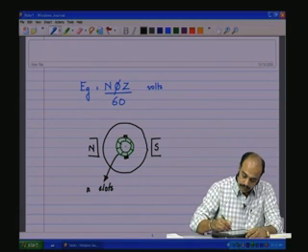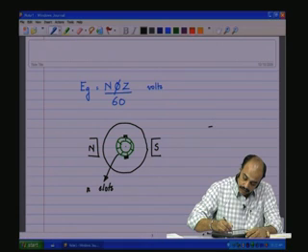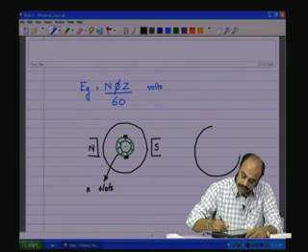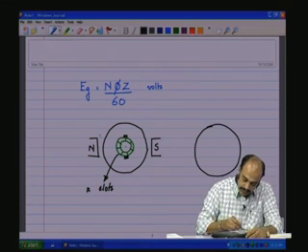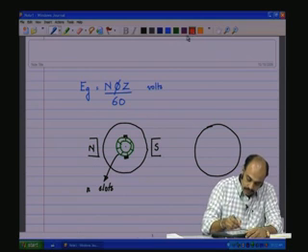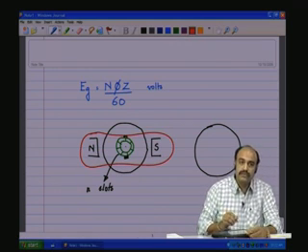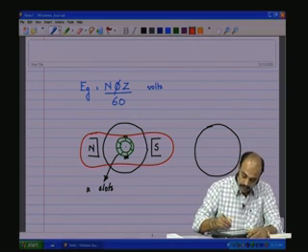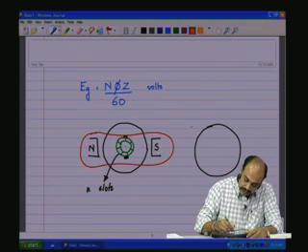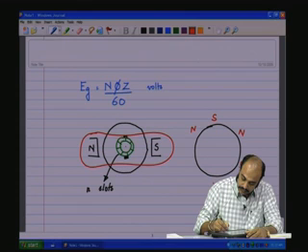Now we could have multiple pole pairs. Here you have one pole pair, one north-south pole pair. Let us say we place the pole pairs north, south, north, south, north, south.